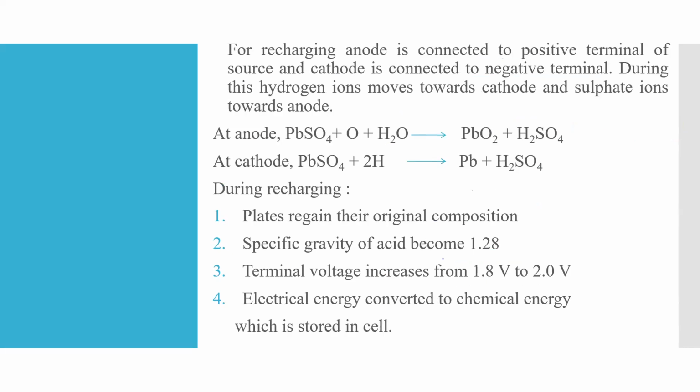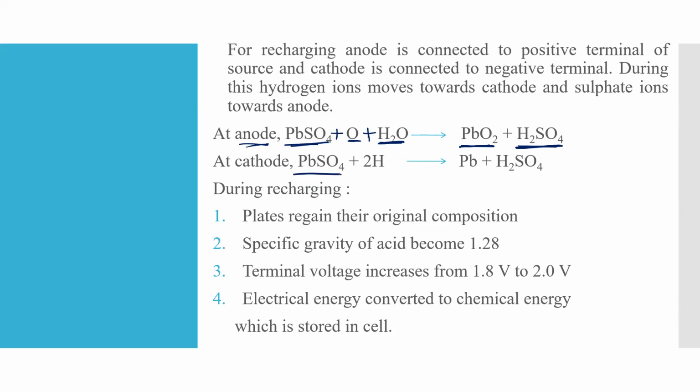For recharging, what you have to do is we provide a supply. So what happens? At the anode, the lead sulfate combines with H2O and O to make lead peroxide again and H2SO4 again, right?